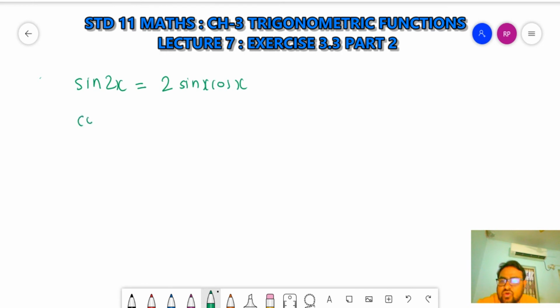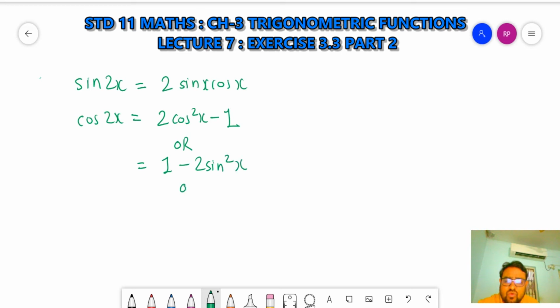Okay, the formula for cos 2x is 2 cos square x minus 1, or 1 minus 2 sine square x, or cos square x minus sine square x. So you can use any one of these three formulas for cos 2x.